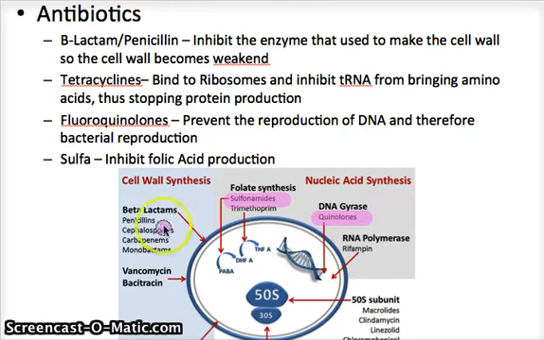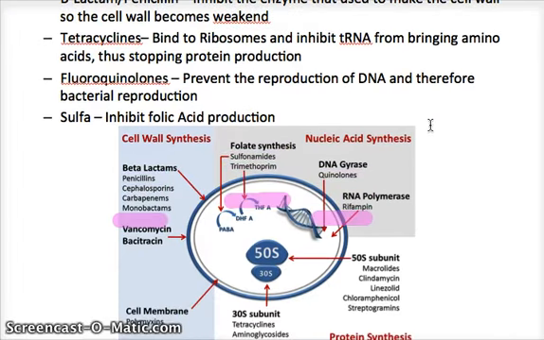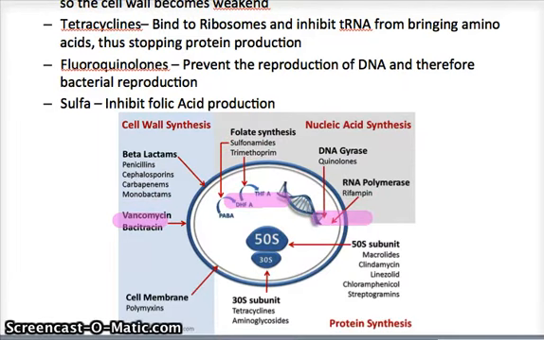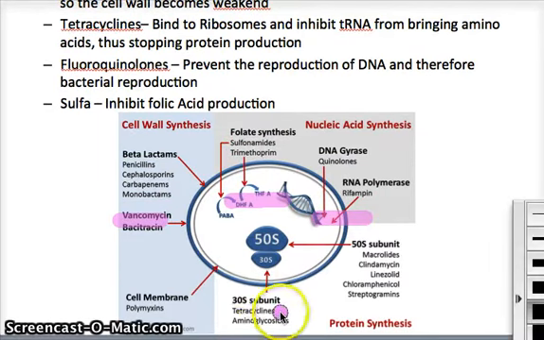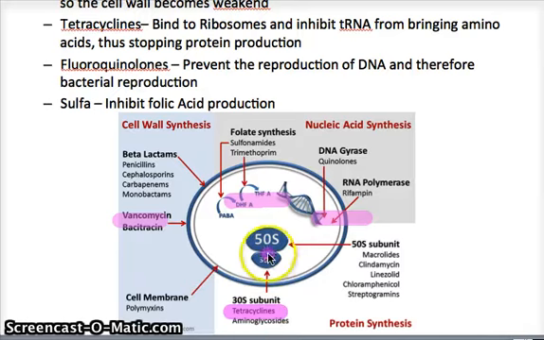We have our penicillins, which are our beta-lactams that inhibit cell wall synthesis. And finally at the bottom we have our tetracyclines that inhibit the ribosome, so the ribosome can no longer make proteins.